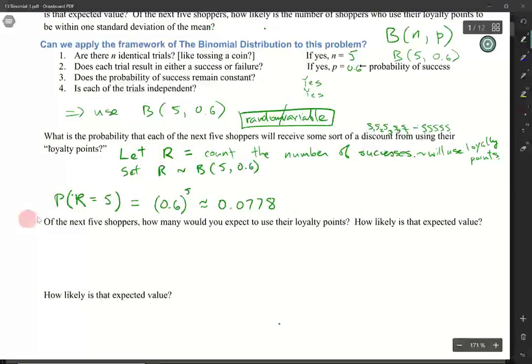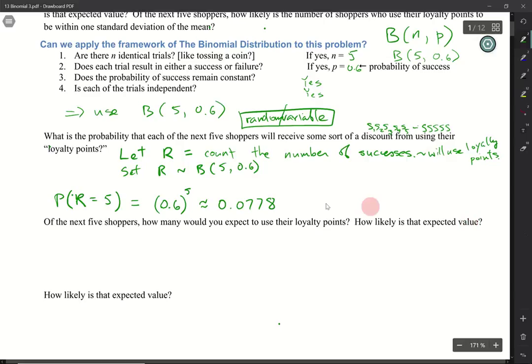Okay? So of the next 5 shoppers, how many would you expect to use their loyalty points, and how likely is that expected value? How many would you expect to use their loyalty points? Oh, how do you know? 3 over 5 is 0.6.